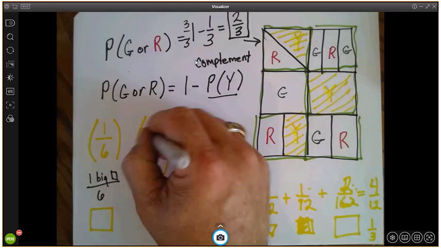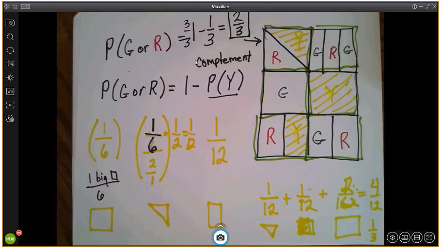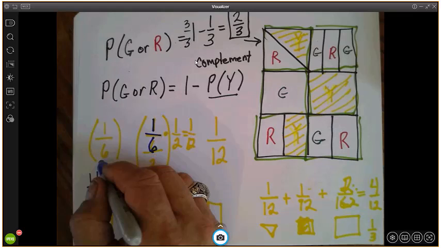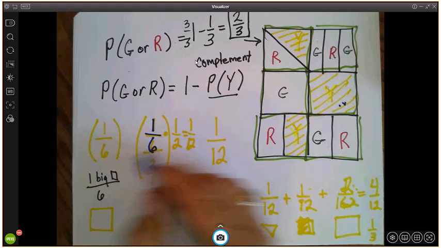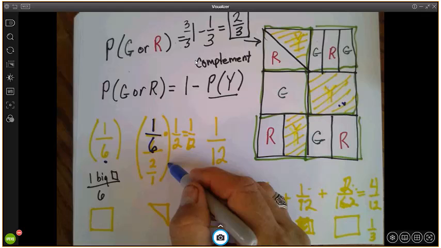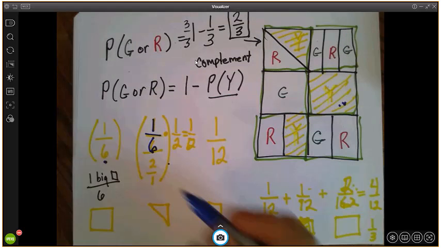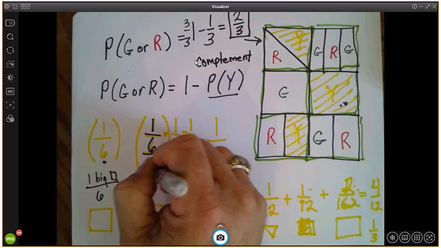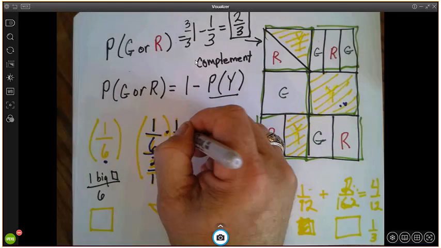That's the same as this big square right here, but you've got to divide it by 2 because it's only half of that. So that's why I'm dividing by 2 over 1, which multiplied by 1 over 2 is equal to 1/12.